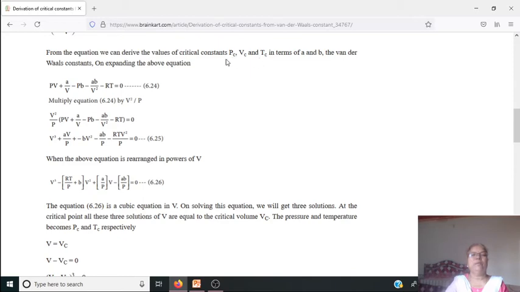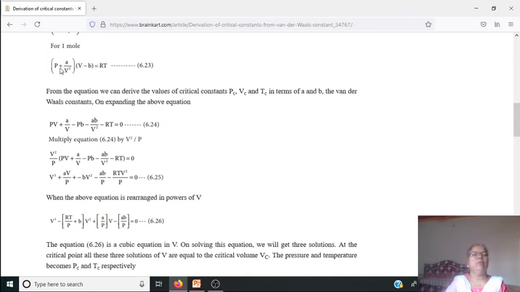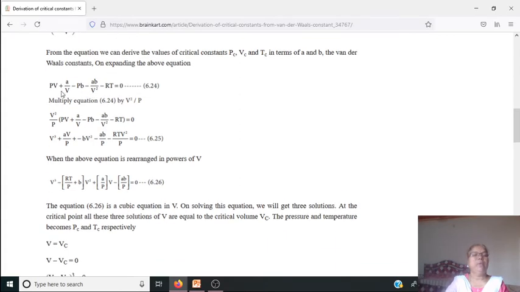Okay, and those values are Pc, that means critical pressure, Vc means critical volume, Tc means critical temperature, in terms of van der Waals constants A and B. Then on expanding the above equation, we can have the product of these two brackets. We get here PV plus A by V minus PB minus AB upon V square minus RT is equal to 0.